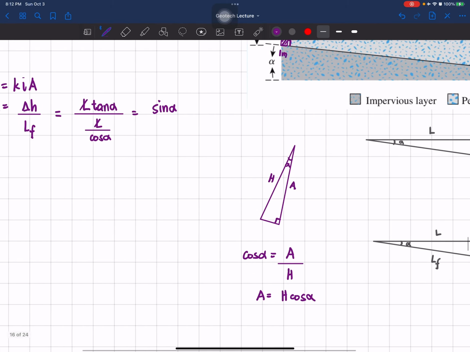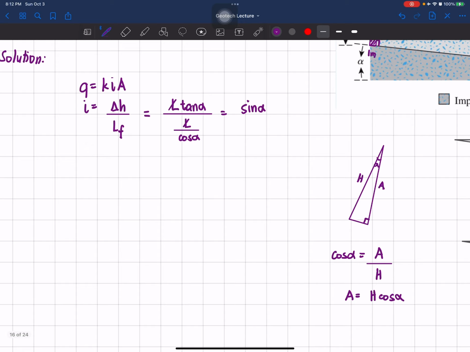Okay. So, substitute na natin siya dito. Q now is equal to KIA. And what is our K? That is 5.3 times 10 to the negative 5, multiplied by, what is our I? Sine alpha. Multiplied by, what is our area?